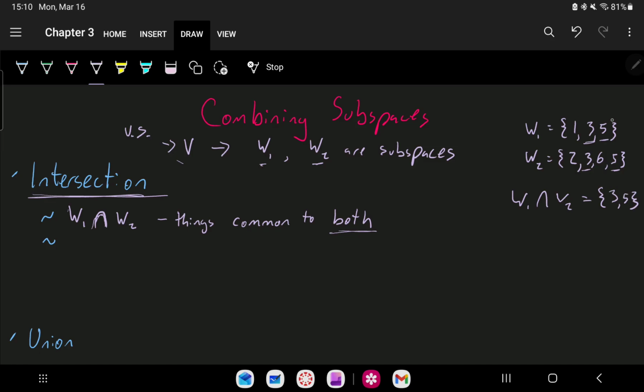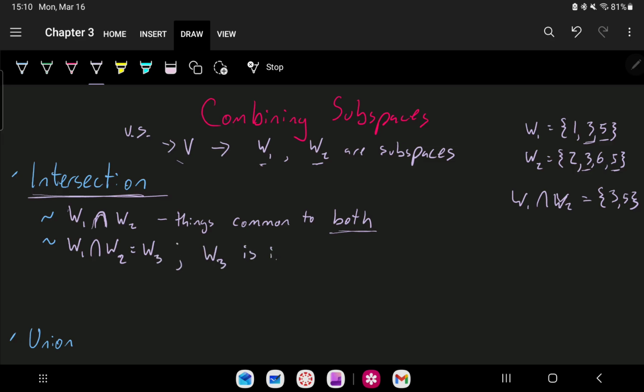But we're not going to include anything like the 1, 2, or 6 because that is exclusively part of one of them, right? So the handy thing to know about this is that the result of W1 and W2, let's say that this equals W3.